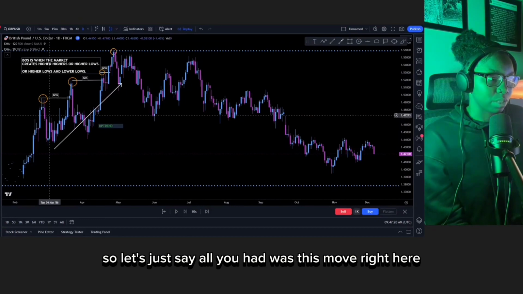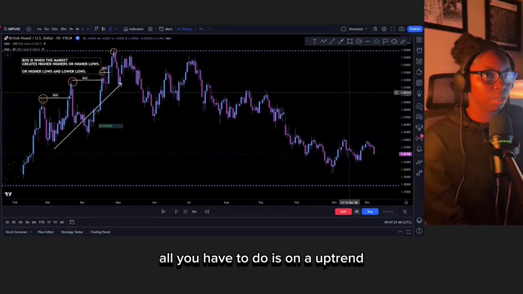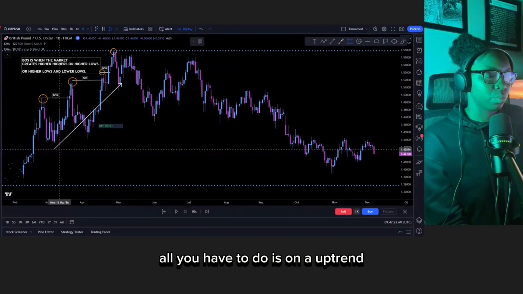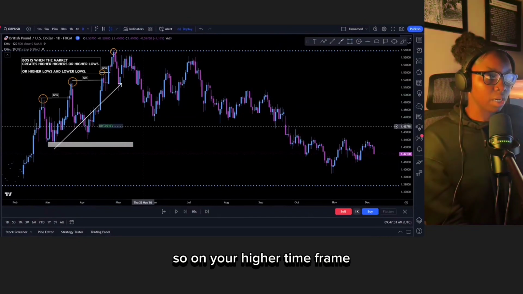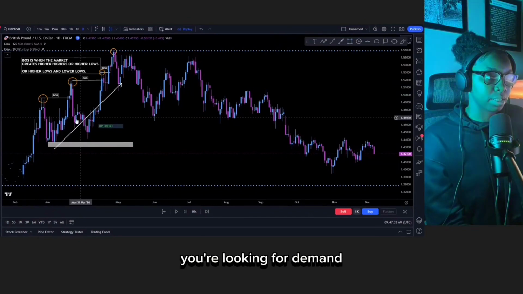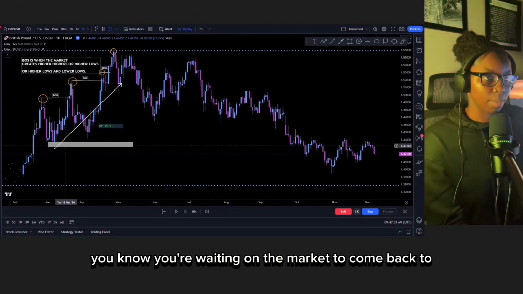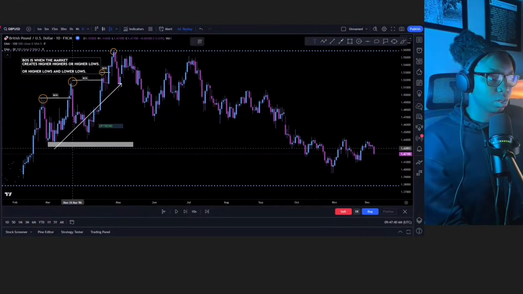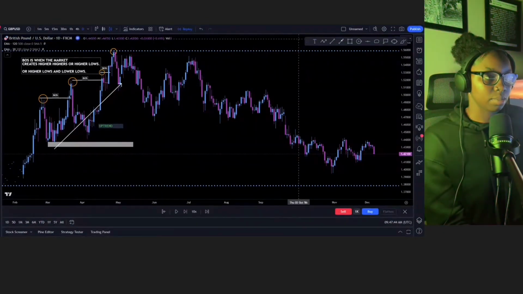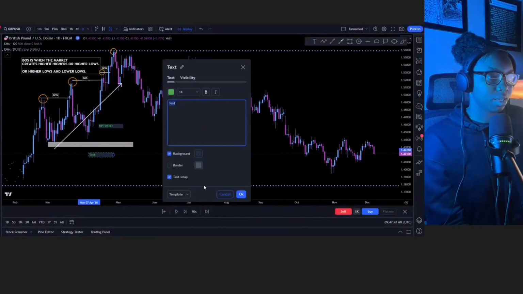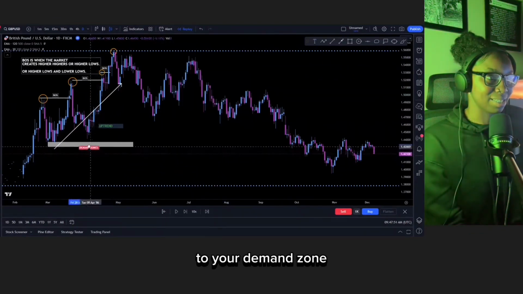So let's just say all you had was this move right here. All you would have to do is, on an uptrend, we're looking for demand. So on your higher time frame on an uptrend, you're looking for demand. If it creates a higher high, you're waiting on the market to come back to your demand zone.